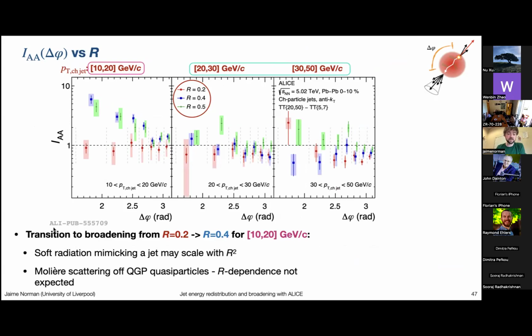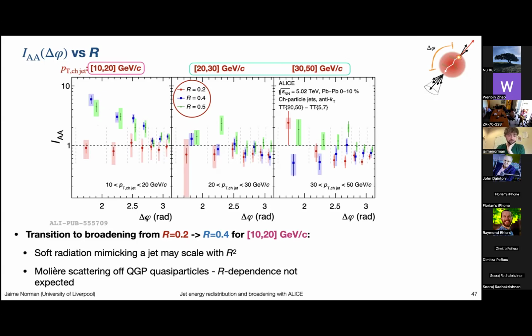We see this sharp transition to broadening from R equals 0.2 to R equals 0.4 in the lowest jet pT region. This shows the IAA for R equals 0.2 jets in red, and R equals 0.4 and 0.5 in blue and green.